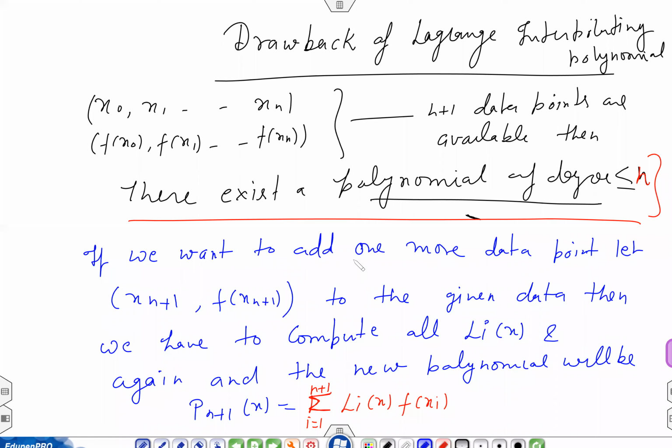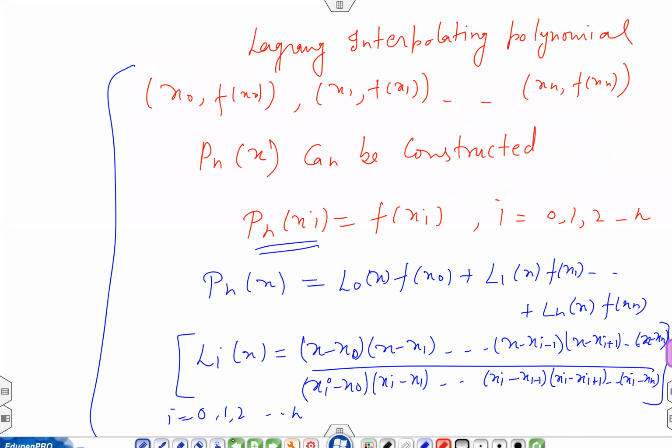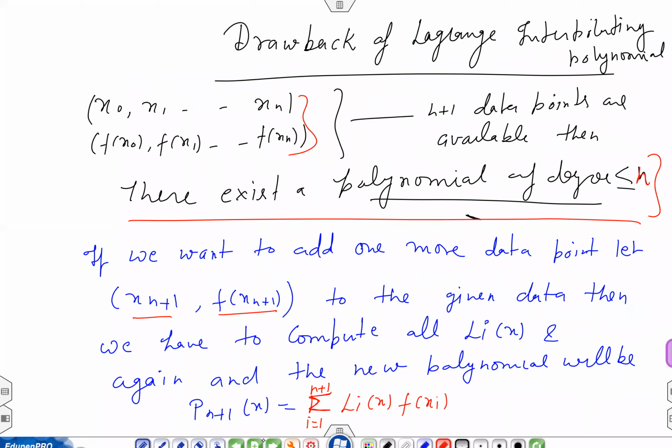If we want to add one more data point to the given data, then whatever polynomial you constructed before will not work. So you have to again compute all L0, L1, L2, Li's, and then construct a new polynomial. Whatever you computed before will be useless, and you have to compute everything again. Okay, so this is the drawback of the Lagrange interpolating polynomial.